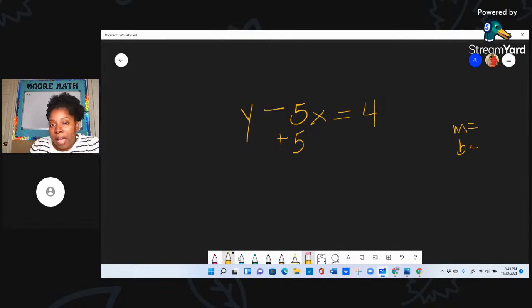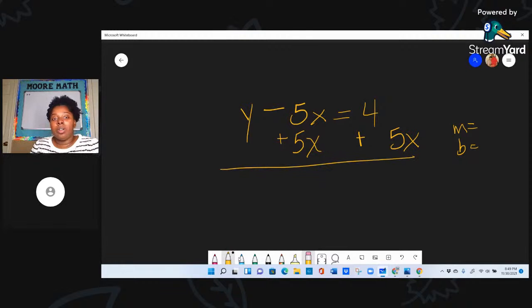So negative 5x plus 5x, we want to move it to the right side. So we're adding, and you know what? Let's stop putting it right underneath each other because it doesn't go with the 4. So y equals what? How do I write this? I have a better way of writing this.